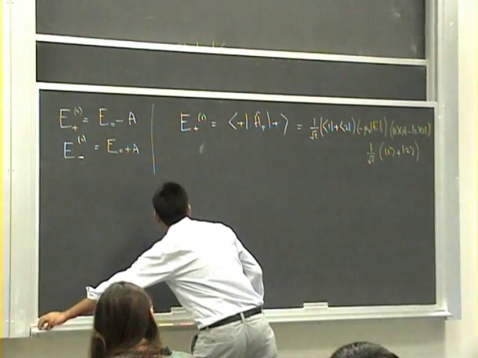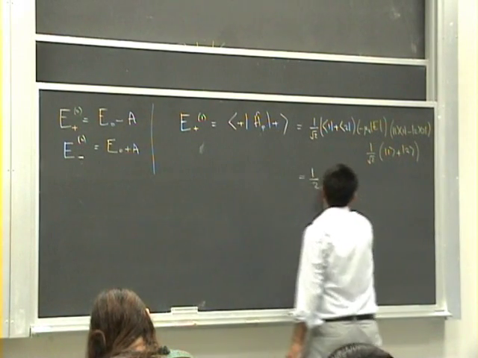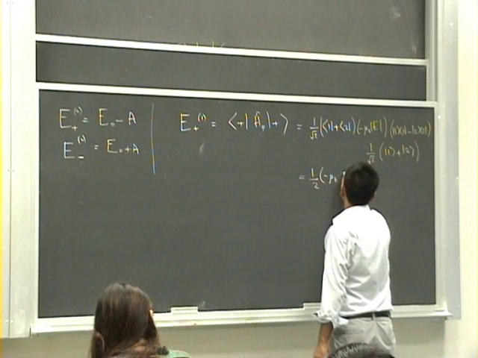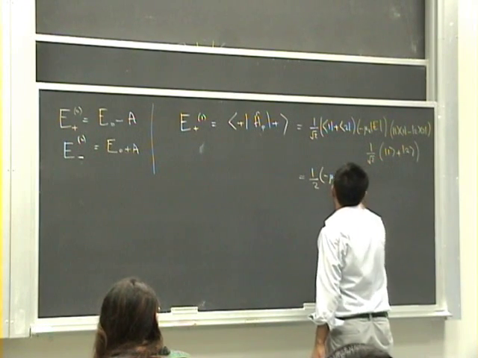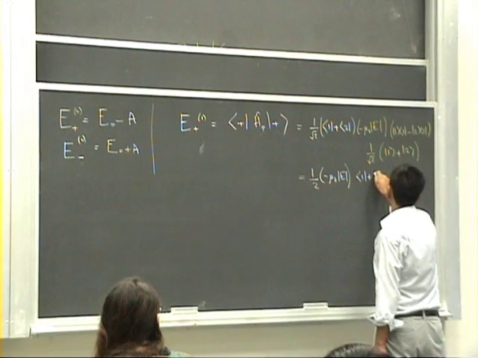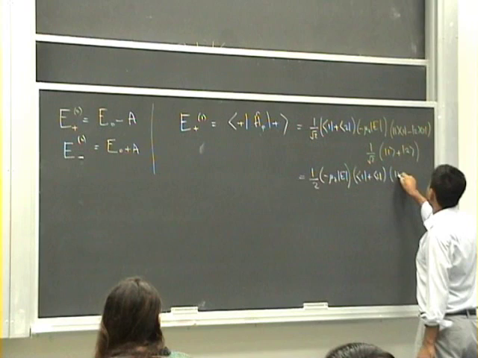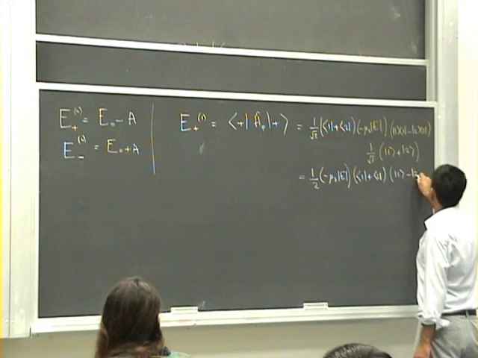So after all of this, what do I get? I get half minus mu z electric field, bra 1 plus bra 2. This will become ket 1 minus ket 2.